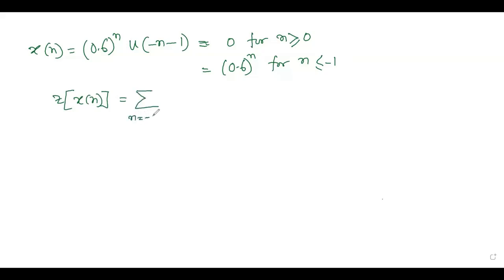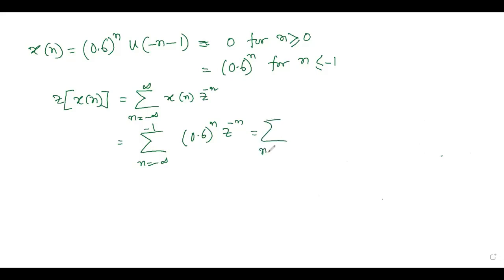Summation n equal to minus infinity to plus infinity xn z to the power minus n. That is summation n equal to minus infinity to minus 1 of 0.6 to the power n z to the power minus n. You can expand this. If you have a problem, you can change the limit, replace n by minus n. So if you replace n by minus n, in that case it will be 0.6 to the power minus n z to the power n.